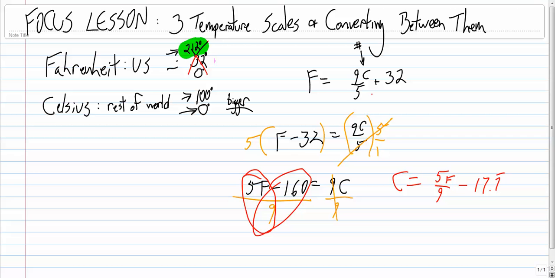So this equation right up here will get you F if you know C, and this one will get you C if you know F. Really, you don't need to know both of these. If you just know one, you can plug in F or C and get the other one by itself. So that's pretty easy.